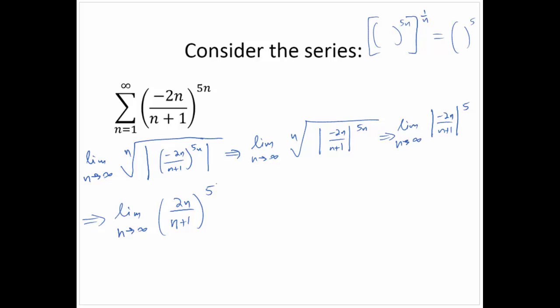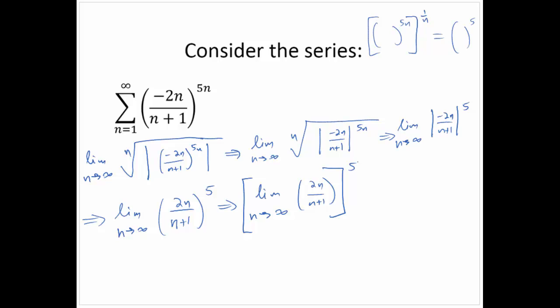Our rules for limits, which you learned back in Calculus 1, say that the limit of an expression to a power is the same as the limit of the expression raised to the power. So I can rewrite this as the limit as n approaches infinity of 2n over n plus 1, and raise that whole thing to the 5th power.